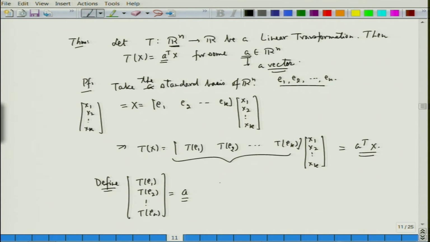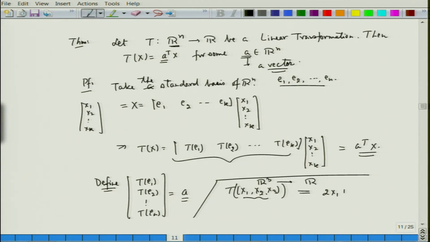So for example, if you want to look at an example, I define T of x1, x2, x3, suppose I have R3 here, and I am going from R3 to R. It means each of them has to come only once. So if I look at this linear transformation, it will look like 2x1 plus 3x2 minus 5x3, things like that.